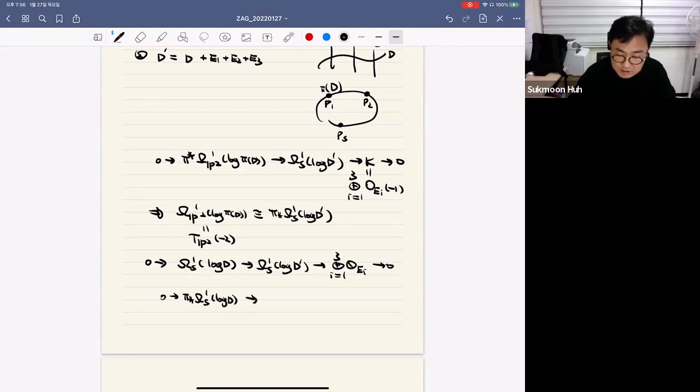The second one was shown to be the tangent bundle twisted by -2. And then the last one is just the direct sum of O_{Pi}, where i runs from 1 to 3. And then it goes to 0. So in particular, the push forward that we are considering is not locally free.